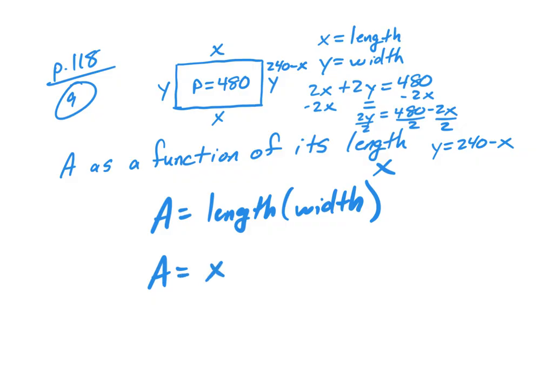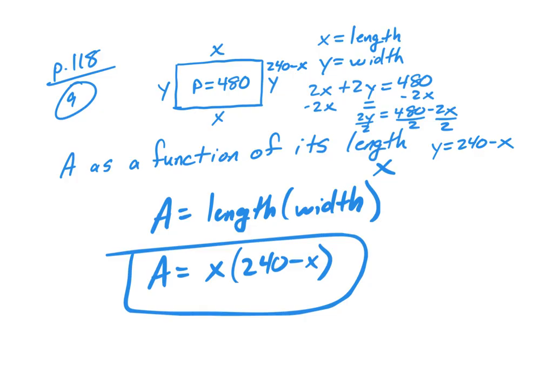In this case, we know the length is x. But I don't want to use y because I want to write it as a function of its length x. So instead of writing y, I'm going to write 240 minus x. And that would be your answer.